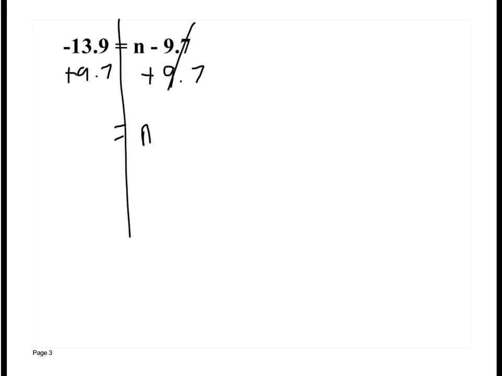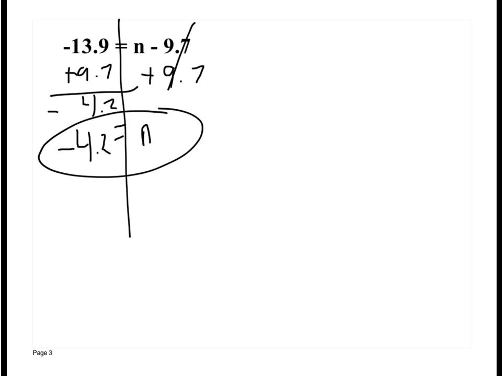If you don't know how to do negative 13.9 plus 9.7, okay, first thing you should do is figure out what my answer is going to be. Is it going to be positive or is it going to be negative? Negative. So I write a negative sign, and then I just do 13.9 minus 9.7, which gives me 4.2. So negative 13.9 plus 9.7 is going to be negative 4.2.